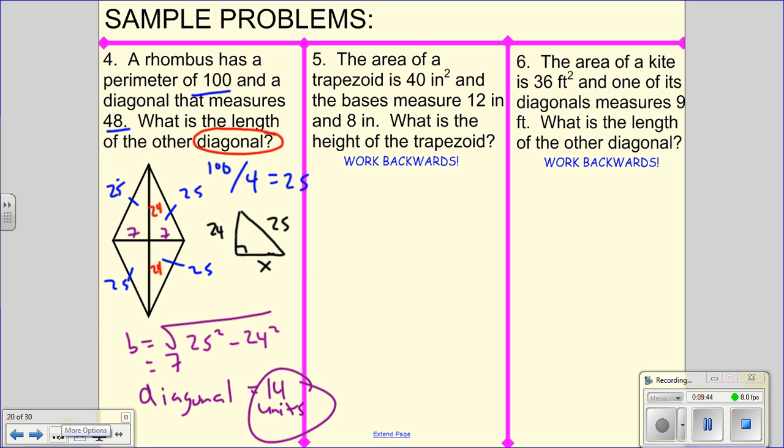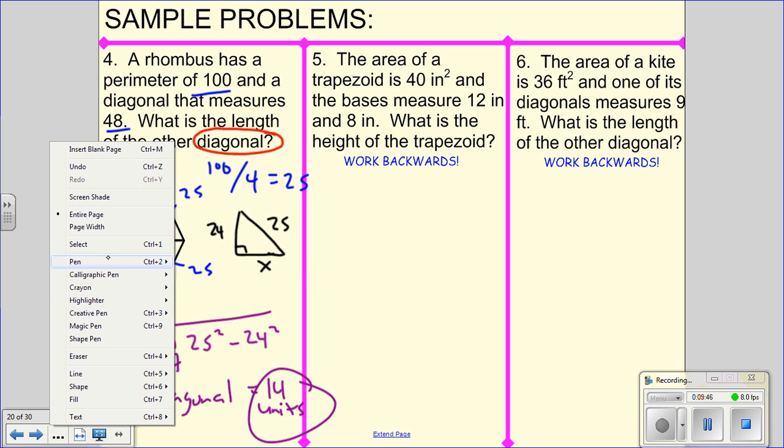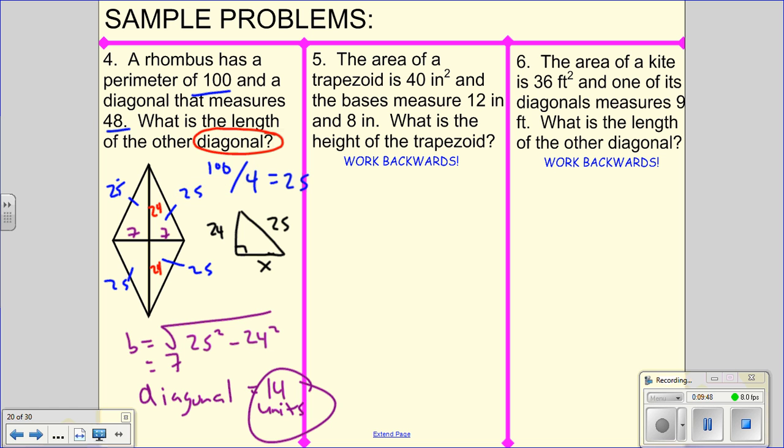Number 5 is talking about the area of a trapezoid. It's 40 inches squared, and it tells us both bases. Our job is to find the height. So the area formula for a trapezoid, again, is B1 plus B2 times the height divided by 2.